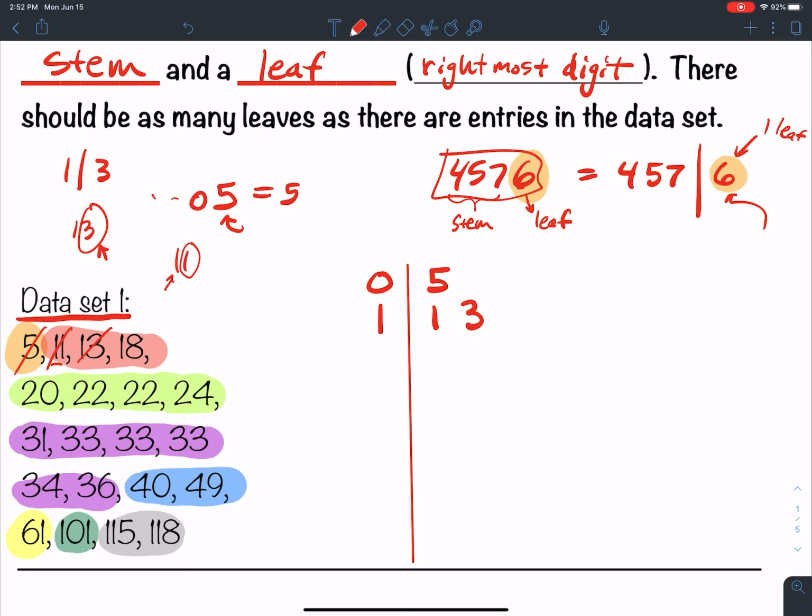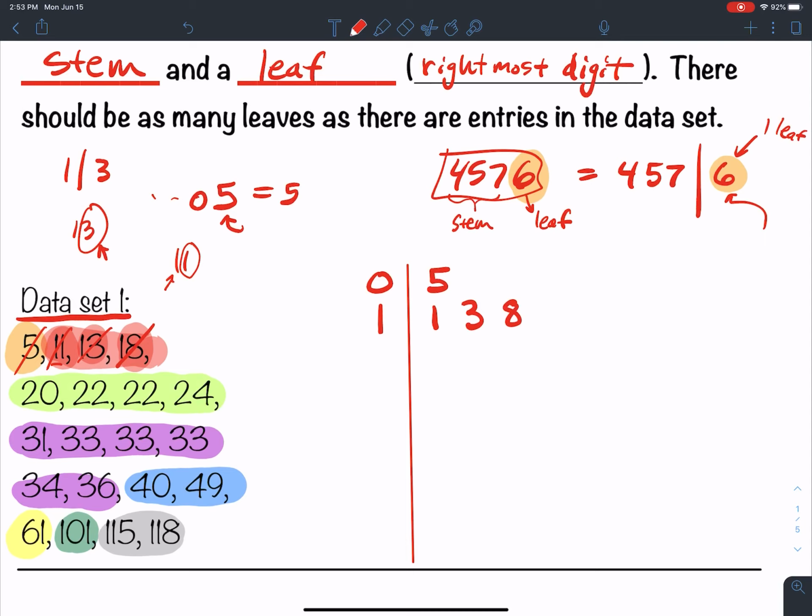For 18, I put an 8. What you notice is that there are 3 data points on this row, so there are 3 leaves. The number of leaves represents the number of data points in that row.